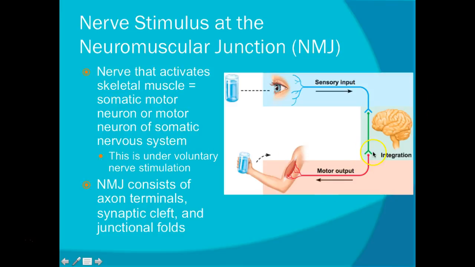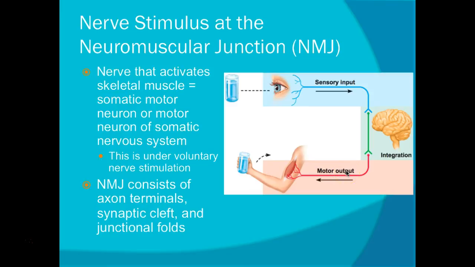Then we send information out a motor neuron. When our motor output is affecting skeletal muscle, we can call this a somatic motor neuron. Now, soma means body, so really this is affecting our skeletal muscles that control our body, or we could call this neuron the motor neuron of our somatic nervous system.